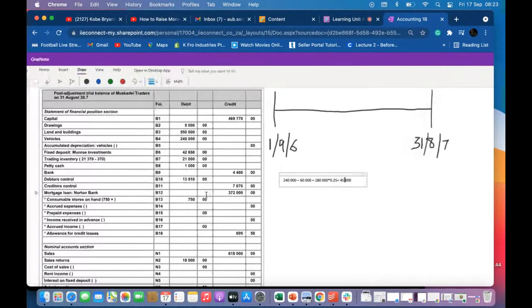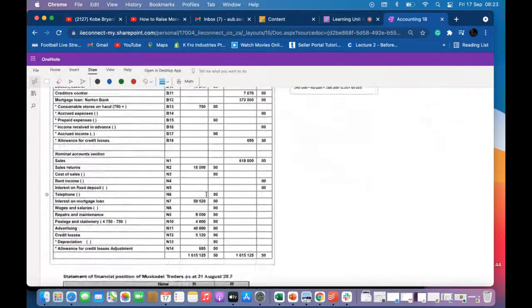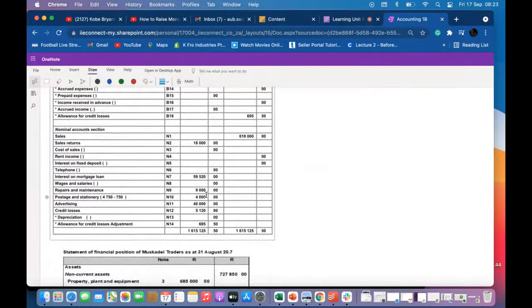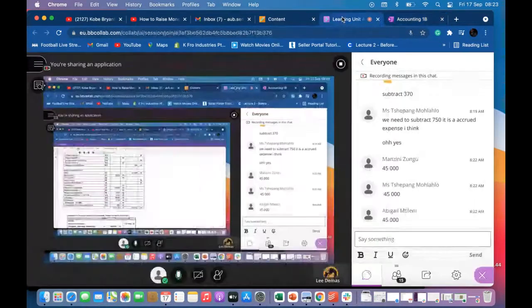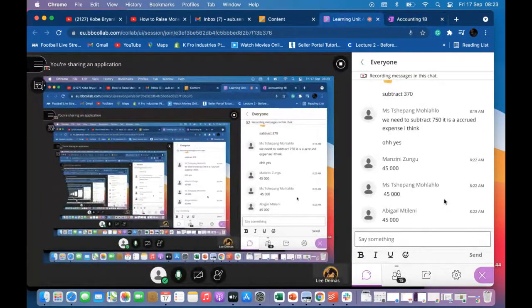Cool. So we look for depreciation. Depreciation, where are you? Oh, here we are. Just in case we might have another depreciation calculation. So we put the 45,000 in there. Then we know whenever we account for depreciation, what's the other account? What's the contra account? Whenever we are recording depreciation, we need to also record what?